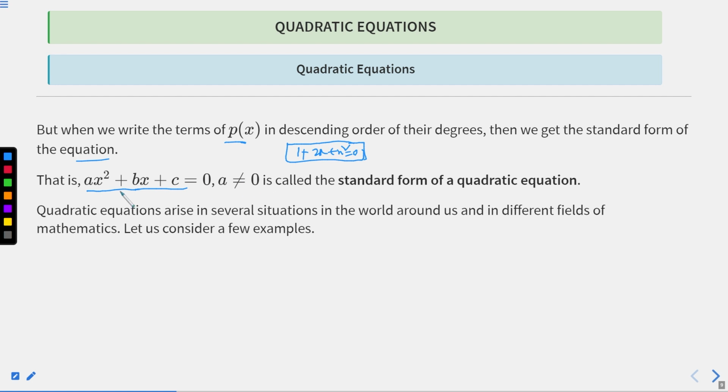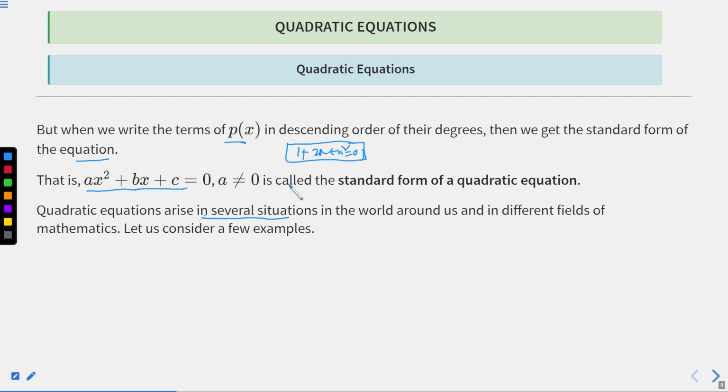Quadratic equations arise in several situations in the world around us and in different fields of mathematics. Quadratic equations are very important for your mathematics subject, and also for other subjects like physics, chemistry, and economics.